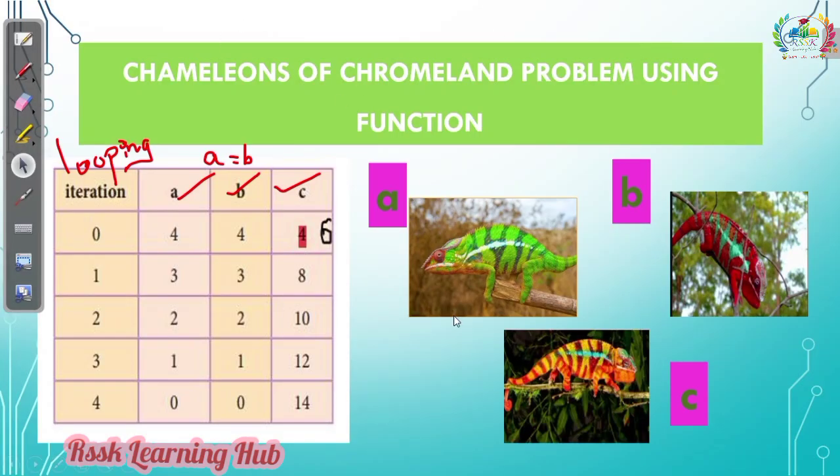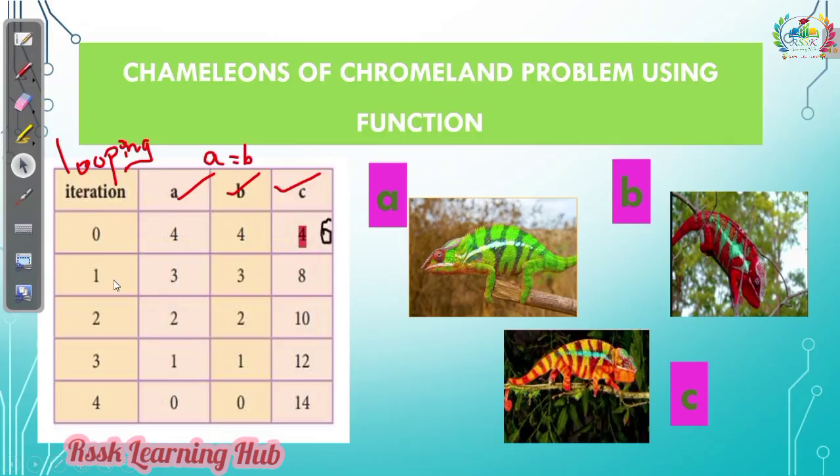So what will happen is, if these two chameleons meet at any time, A and B meeting means the color of the chameleon changes to the third one's color. What is the third one's color? Yellow. So green will change to yellow, and red will change to yellow. So the value of C will get 2 more compared to the previous stage. Okay, this is the condition.